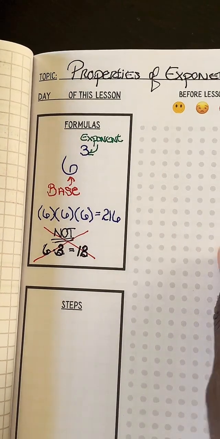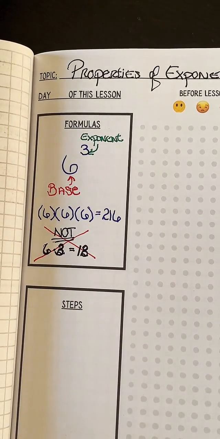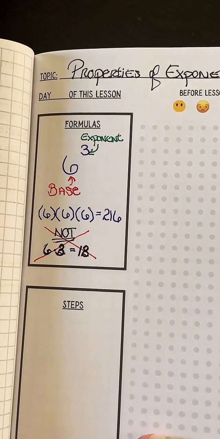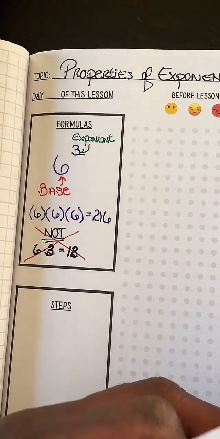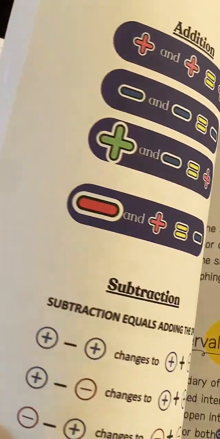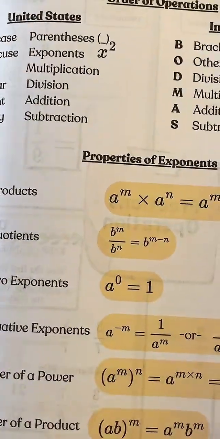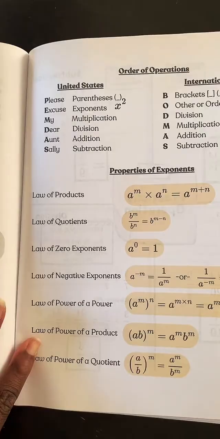All right, so this is basically what we're doing. We're looking at all the different properties associated with exponents to help ease some things. Now, if you have one of my handy dandy notebooks, you will see there is a section dedicated to the properties of exponents.